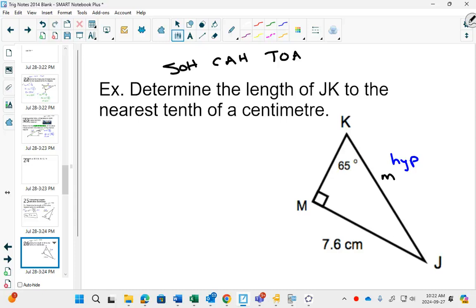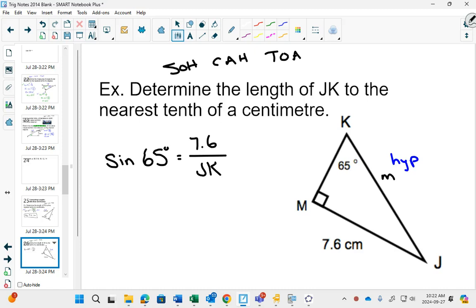What angle do I know? I know the 65. So if I'm using the 65, the 7.6 is the opposite. So I would use sine again. Sine of 65 degrees is the opposite side, which is 7.6, over the hypotenuse, which is the JK.